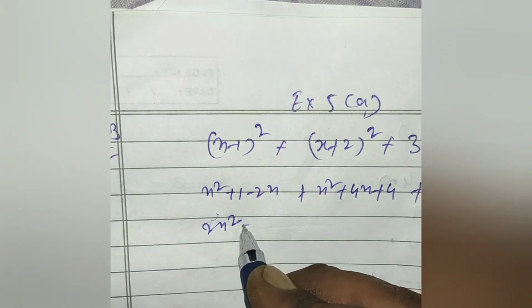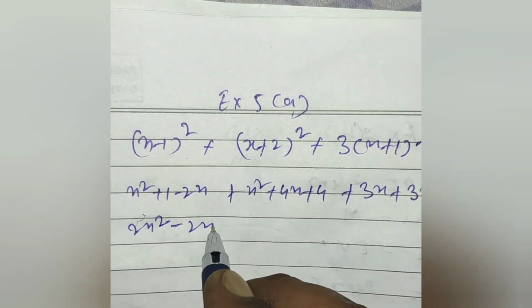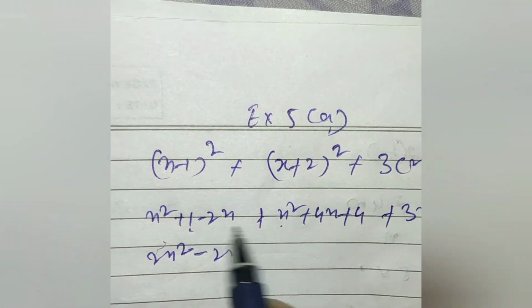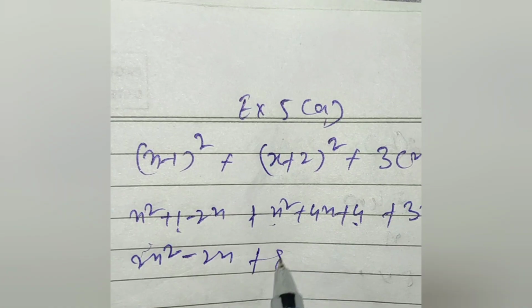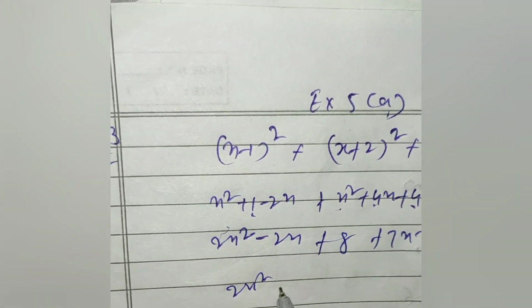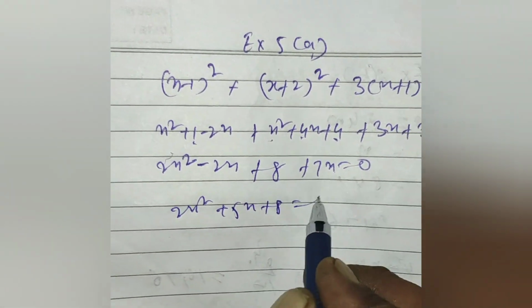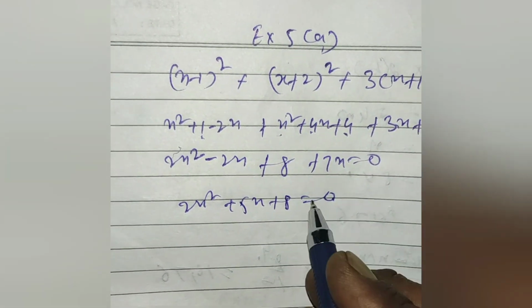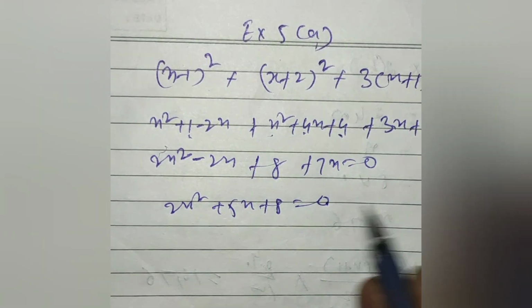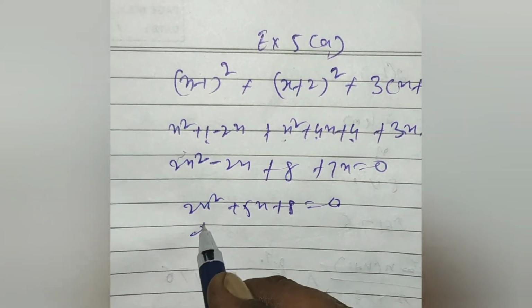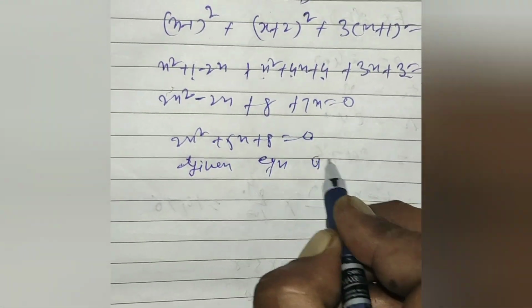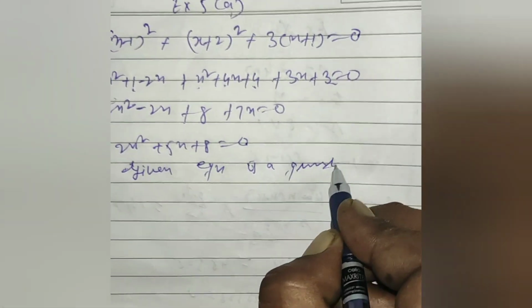So 2x square plus 5x plus 8 is equal to 0. Then we have to find whether the given equation is a quadratic equation. Yes, it is a quadratic equation.